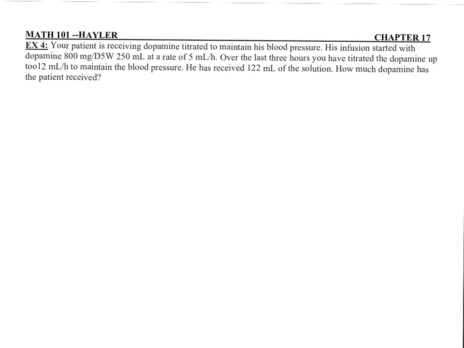So we want to find the information we need to fill out the proportion. Let's see, the total amount of medication, what is that? Well, the total amount of medication is 800 milligrams.